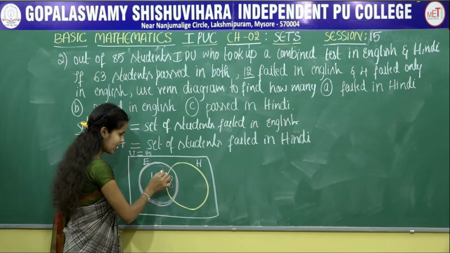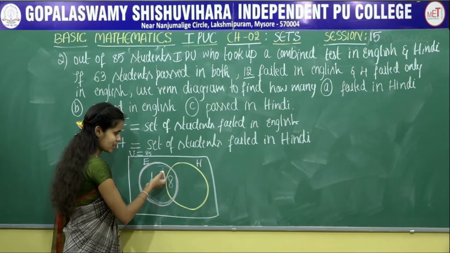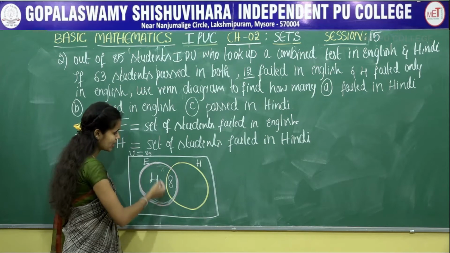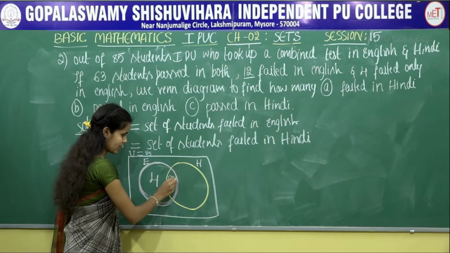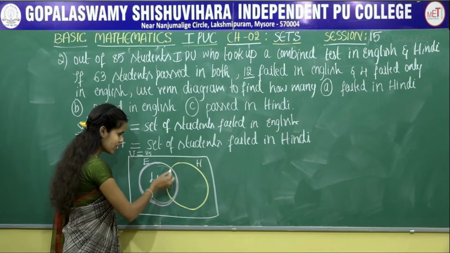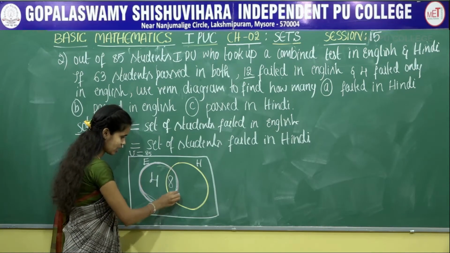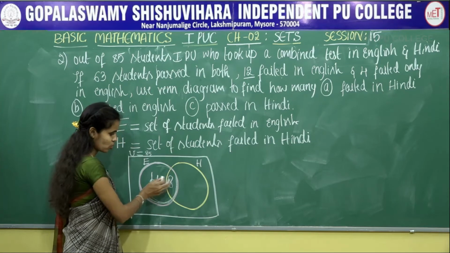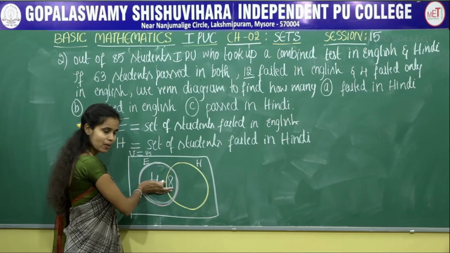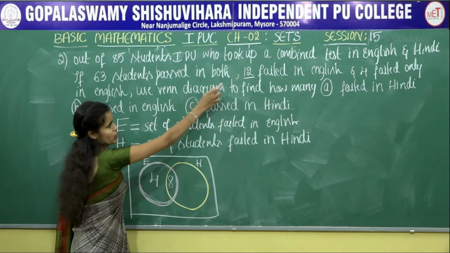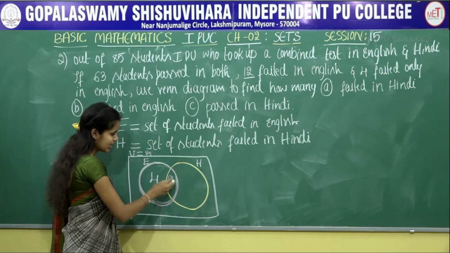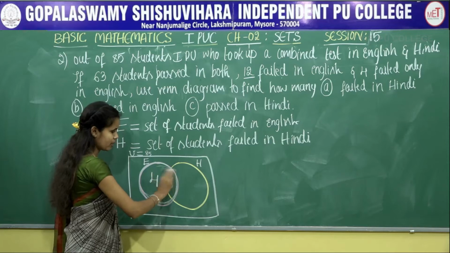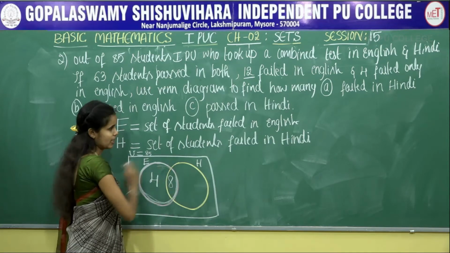Suppose if we write 8 here, it becomes 4 plus 8, 12 failed in only English, so don't write that; write here remaining 8. Means in this circle, 8 plus 4, so 12 students failed in English, 4 students failed in only English. This 8 students failed in both English and Hindi.